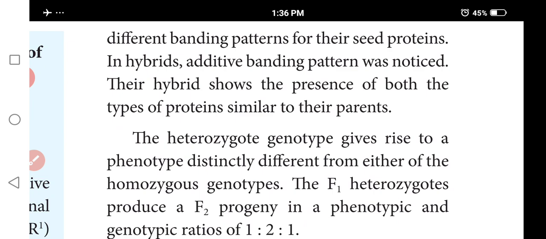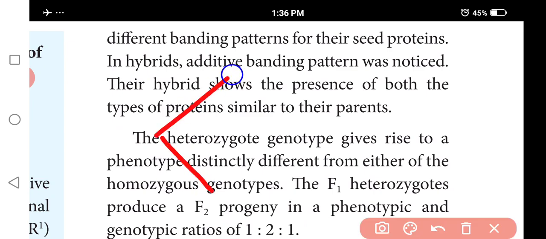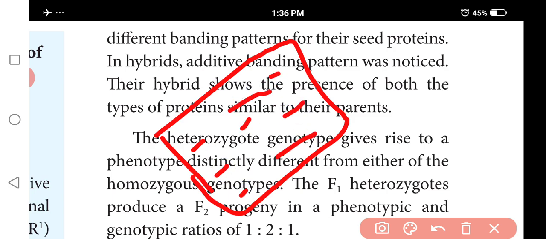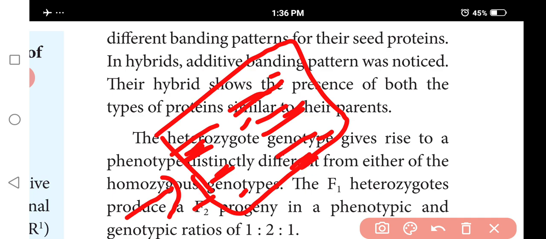During electrophoresis, you have to introduce the DNA, which can be fluorescent, so it will attach to another pattern. The hybrids show both banding patterns. So the hybrid shows the presence of both types of proteins, similar to their parents.